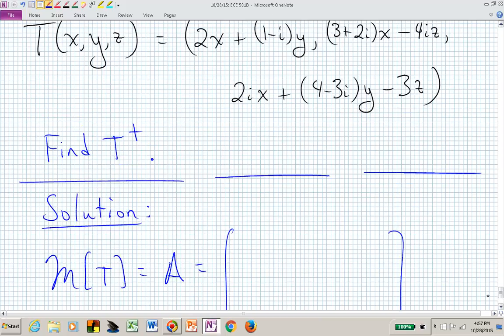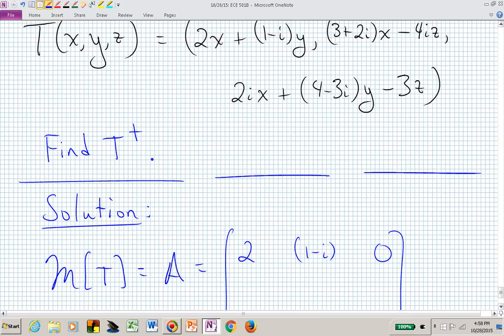So now this A matrix better be a 3 by 3 matrix. In the 1-1 entry of A, it's going to be 2 that scales x. Then what scales y? To give me my first coordinate, that's this 1 minus i. And what scales z? Nothing, so 0. Is it clear where that's coming from? That produces my first coordinate in the result of applying that linear map.